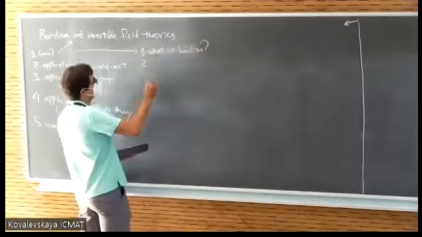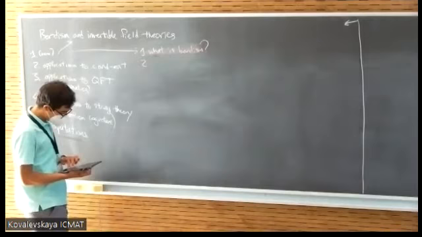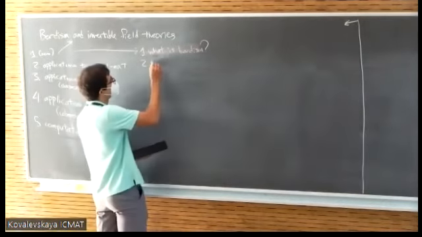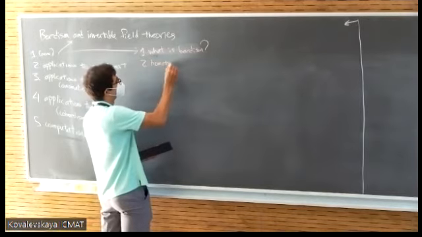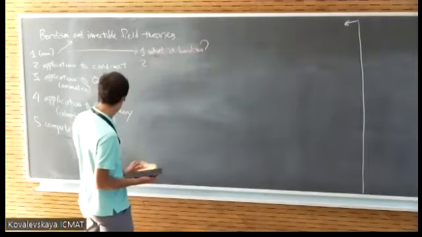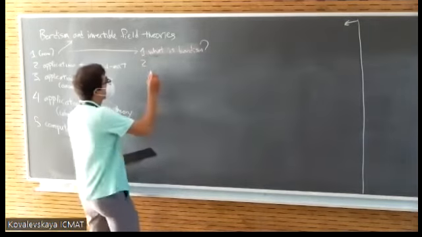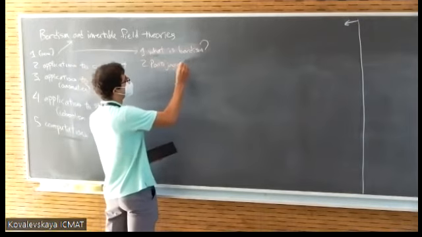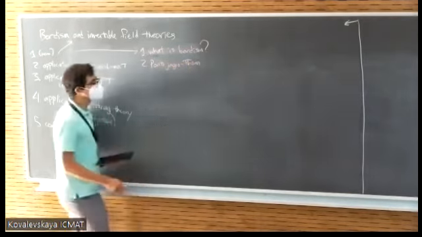Once we have that, there's going to be a construction. A better name for this would be the Pontryagin-Thom construction. So how do we actually compute Bordism groups?